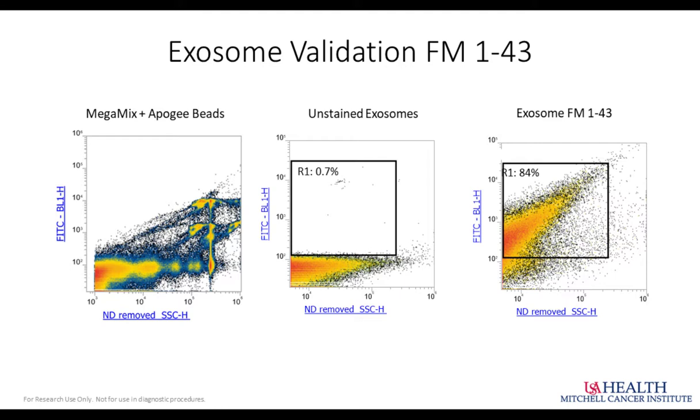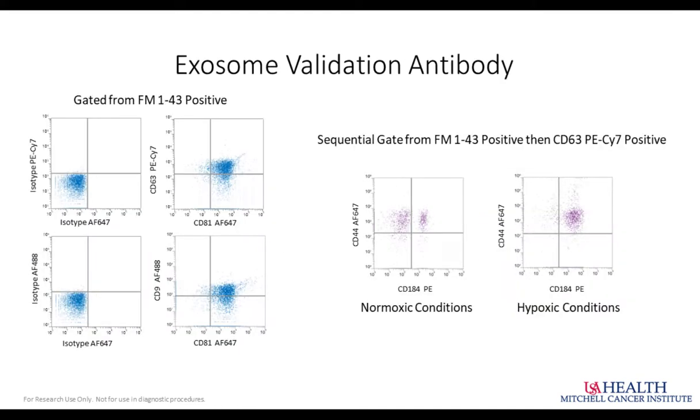We use this positive gate on the right to then look at antibodies. So we'll gate from here to the next panel, which is going to show us a 3-color stain. Now, we always use matched isotype controls to make sure that these exosomes aren't too sticky.